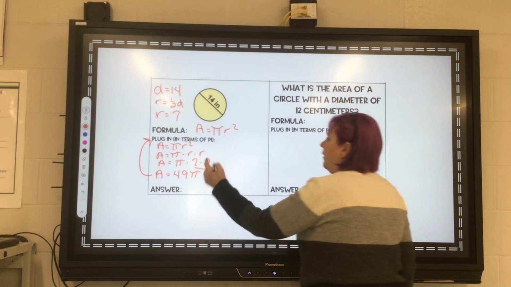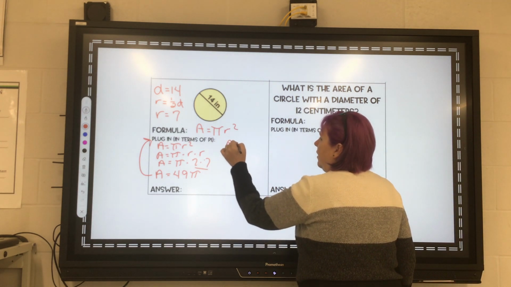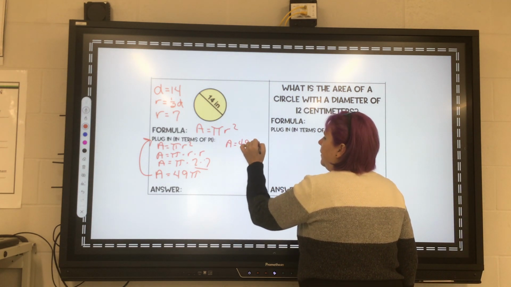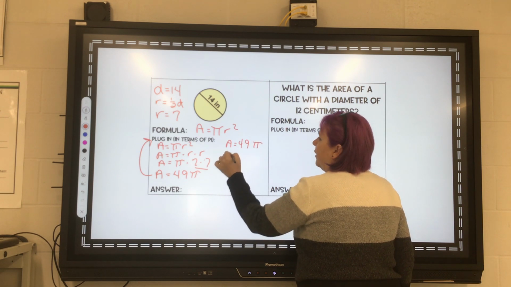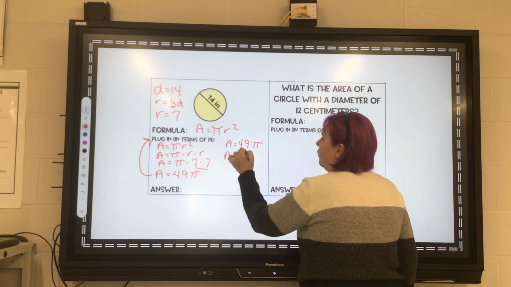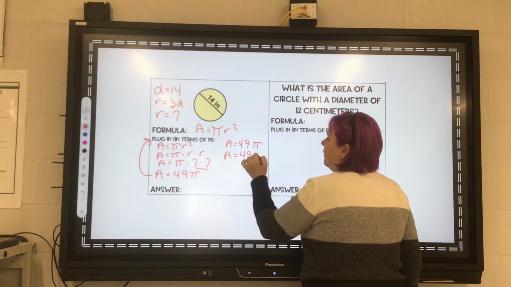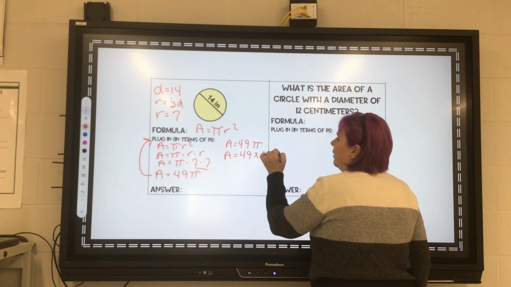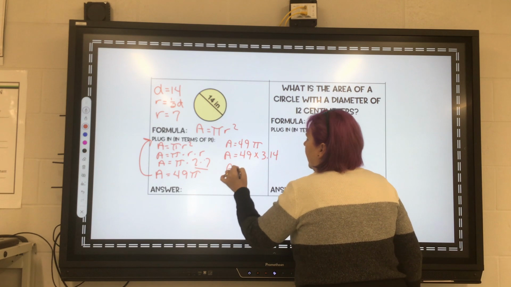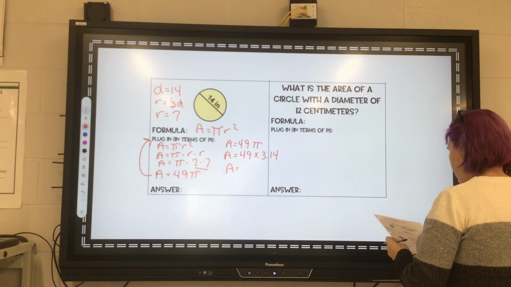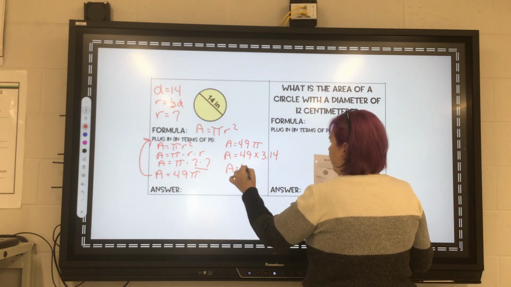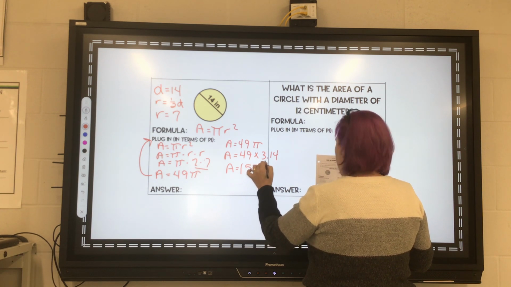From there, I'm going to do A equals 49 pi, and plug in my 3.14 for pi. When I multiply it out, I get 153.86.